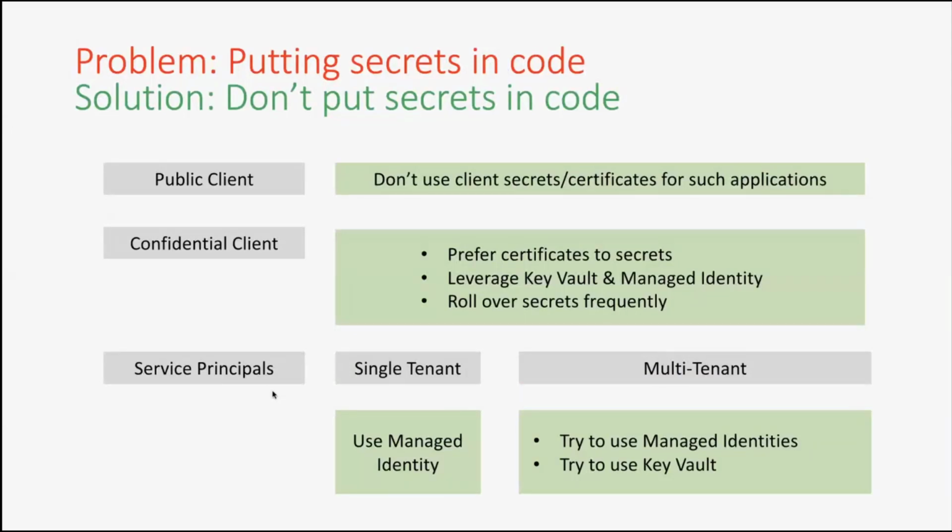As I said, in public clients, don't use secrets embedded in the client itself. Of course, it shouldn't be in code anyway, but not even in the web.config or plist or anywhere. Don't put secrets there. For confidential clients, you should prefer using secrets to keys, and you should leverage Key Vault and managed identity to read those secrets.